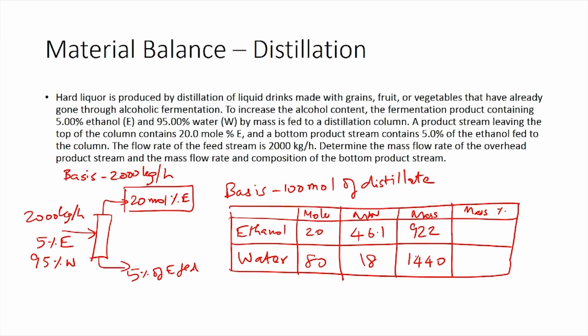So this can be added to find the total, and the mass of ethanol divided by the total of these two masses would be 922 divided by 1440 plus 922. This times 100 will give you the mass percentage of ethanol, and similarly 1440 divided by 1440 plus 922 times 100 will give you the mass percentage of water.